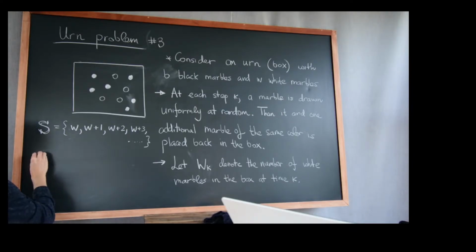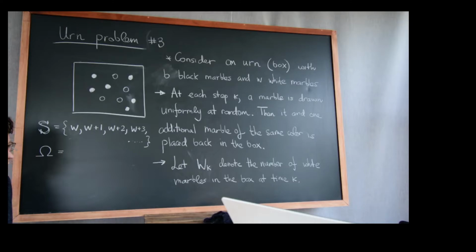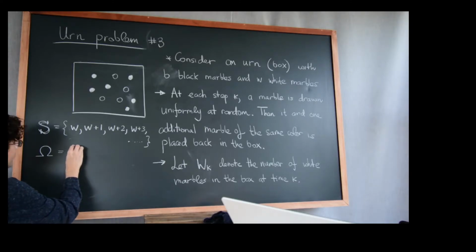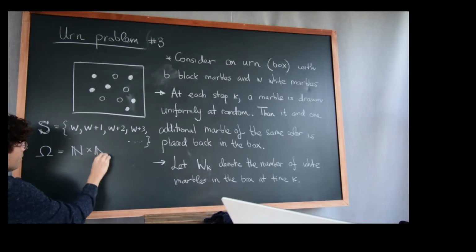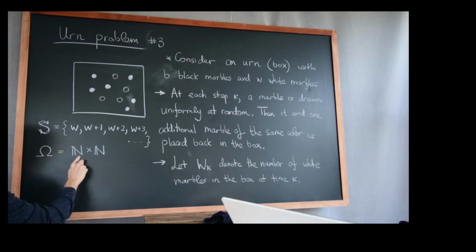Let's think about the omega, the sample space. Here you have, as usual, a lot of different choices. So one simple-minded choice could just be the natural numbers product with the natural numbers. So maybe this natural number tells us how many white marbles, and this one tells us how many black marbles.